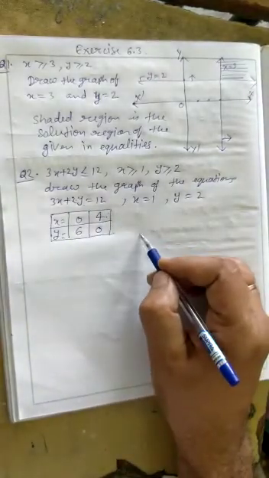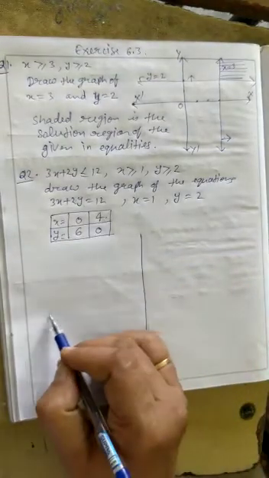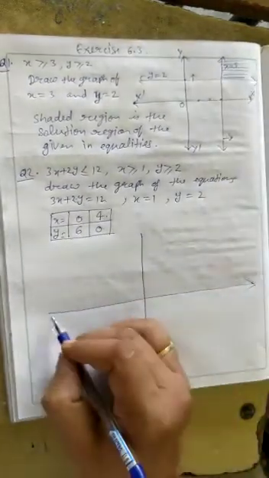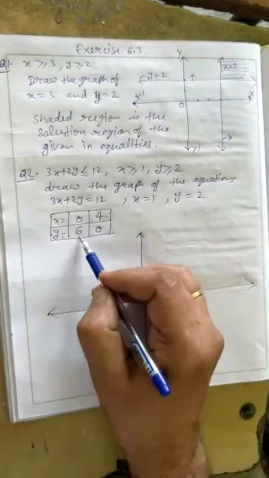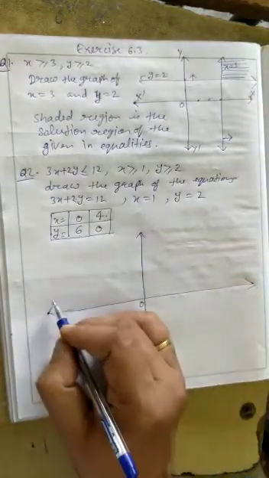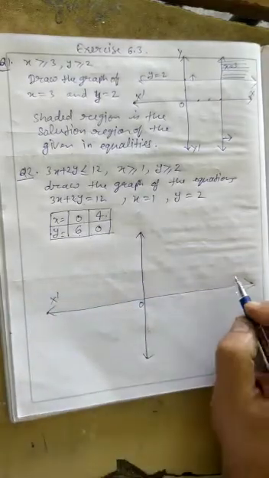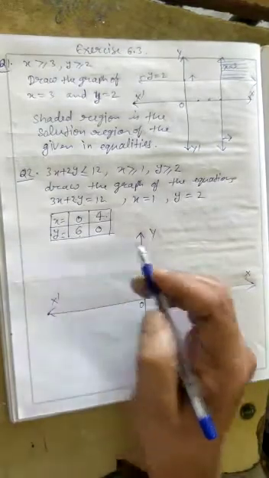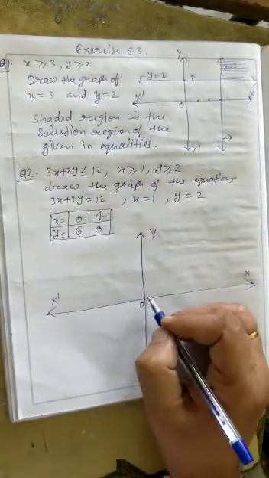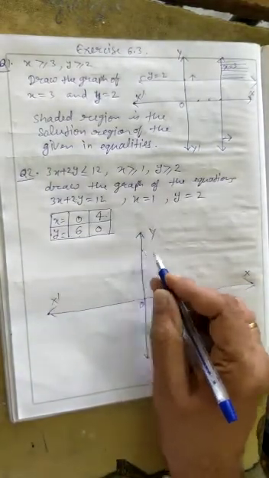Now we can draw the graph of these equations. 0, 6. So 0 means neither to the right nor to the left. So 0, 6, this is the point: 0, 1, 2, 3, 4, 5, 6.